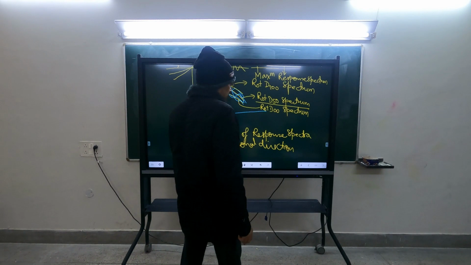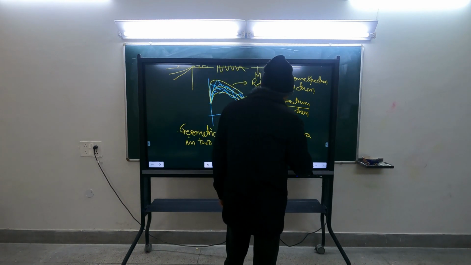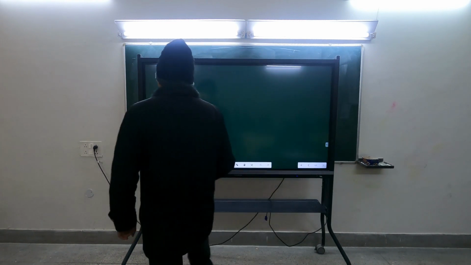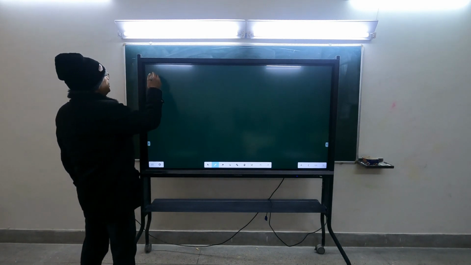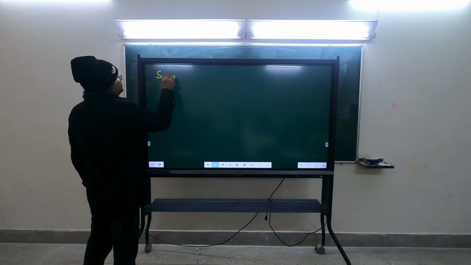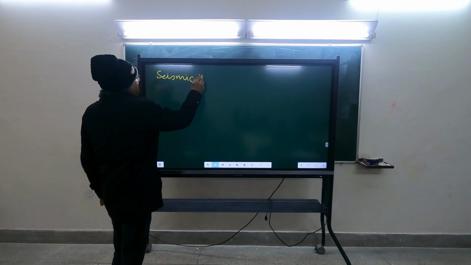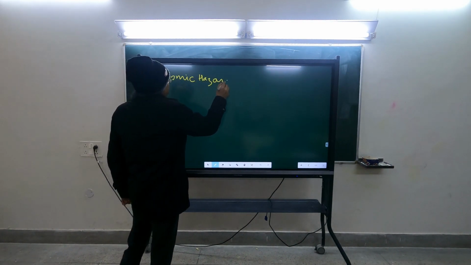Okay. So how to obtain the design response spectrum given in the code? This process we call seismic hazard assessment or seismic hazard analysis.